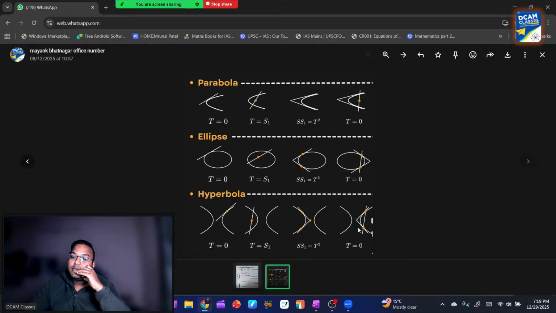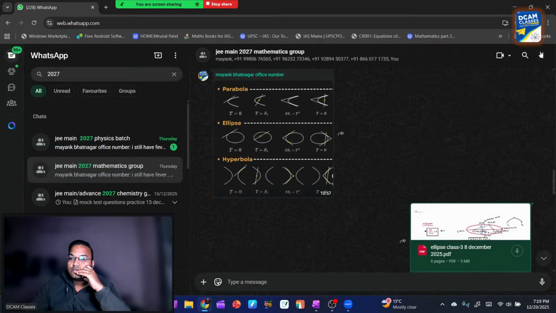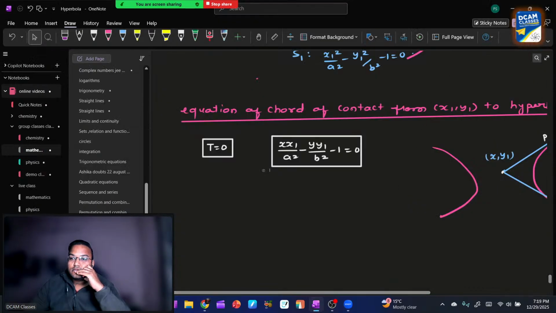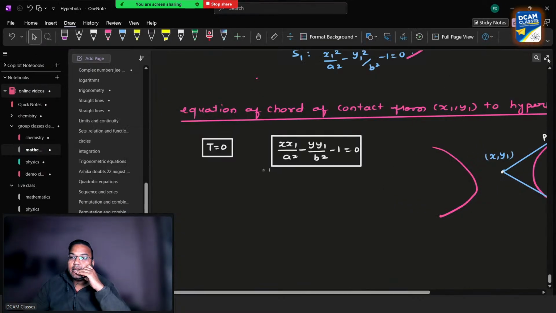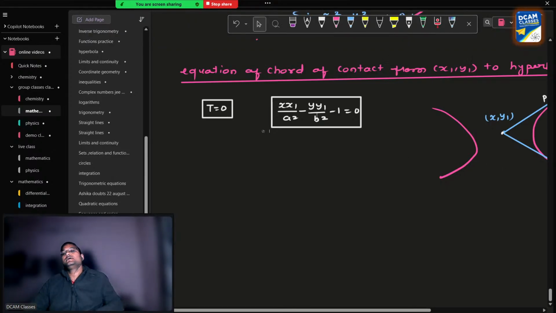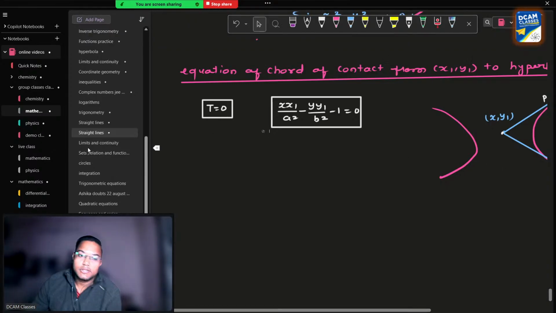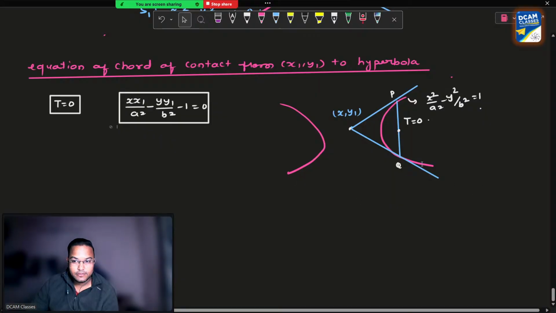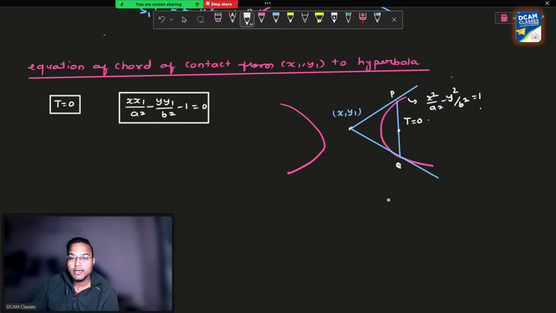Same in the ellipse, same in the hyperbola. That's why I've given you this one. If you would have seen that one, you must have remembered those things. But since you did not take care, you are not able to recollect.